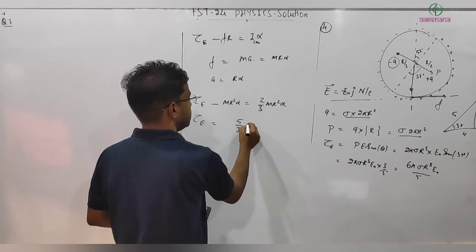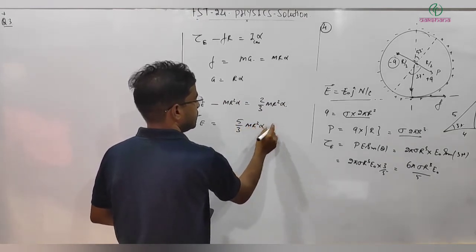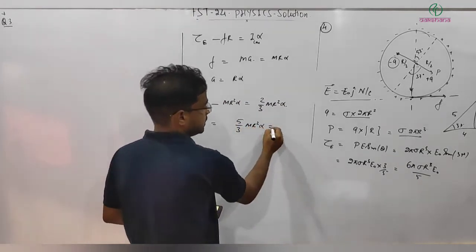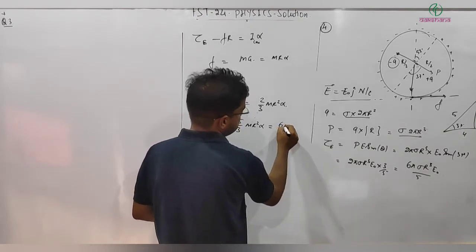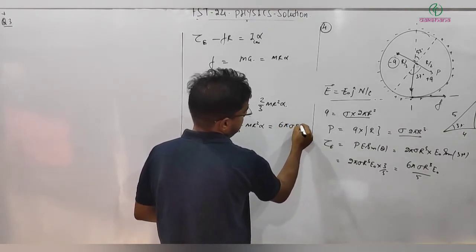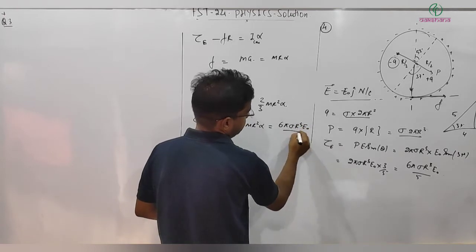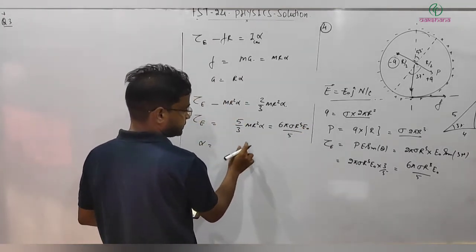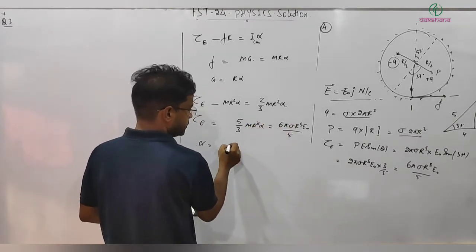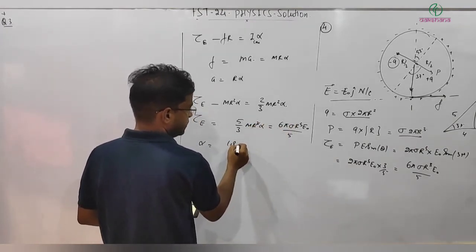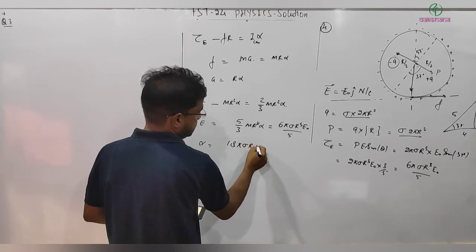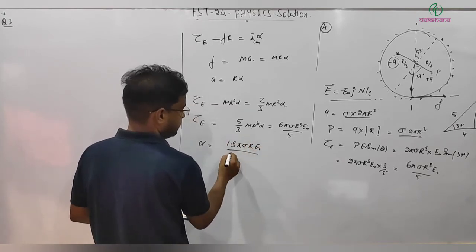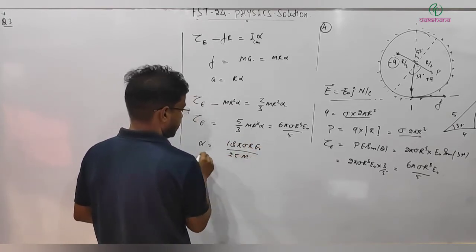This implies tau E equals 5 by 3 MR squared into alpha, and this tau E is 6 pi sigma R cubed E naught divided by 5. Simplifying, we get alpha equal to 18 pi sigma R E naught divided by 25 m.